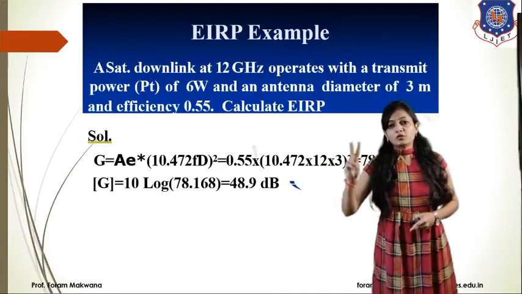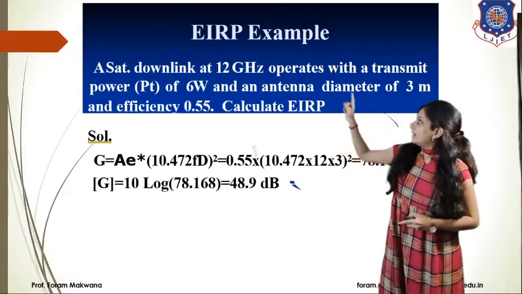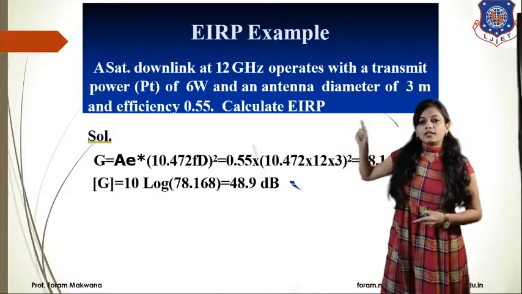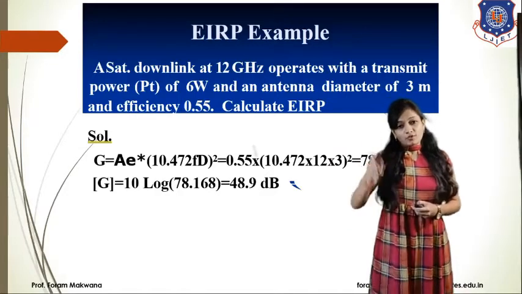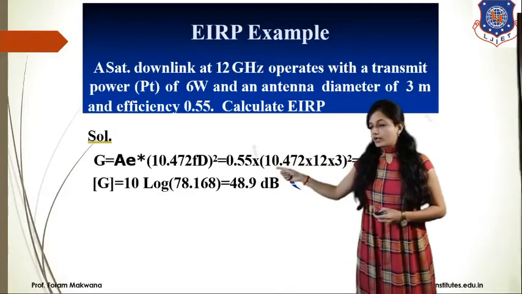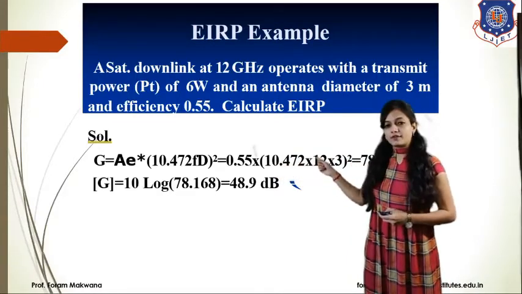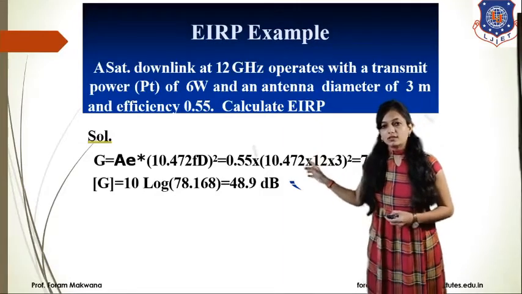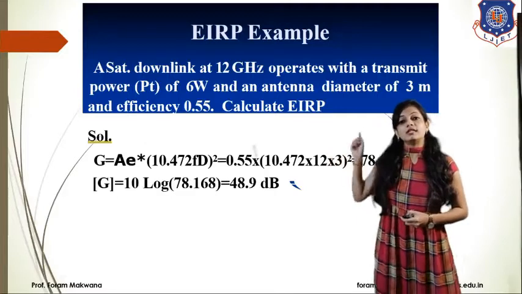So there are two formulas. One is for the antenna diameter, which is given in meter. So that formula is G equals AE into 10.472, that is a constant, into F, that is my frequency, which is in gigahertz.